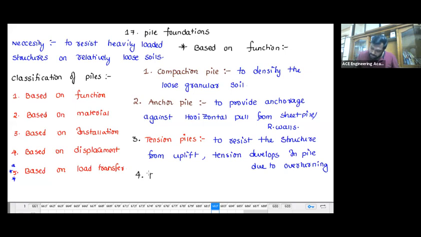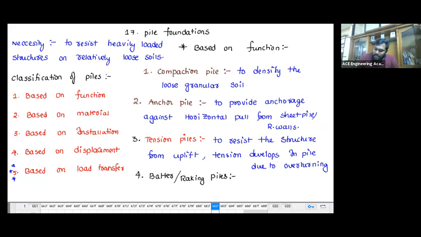Next, batter or raking piles. The batter or raking piles are simply to resist large lateral forces, whether by means of wind or water.